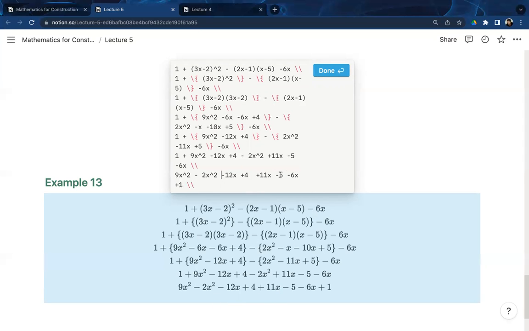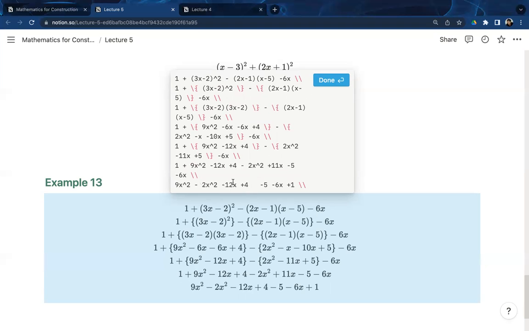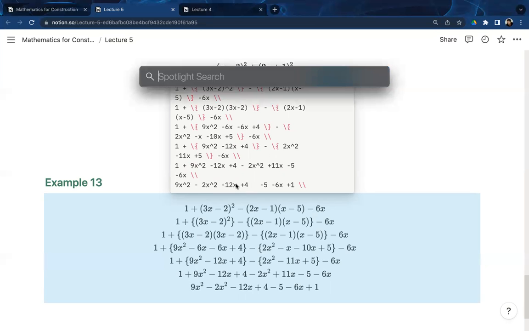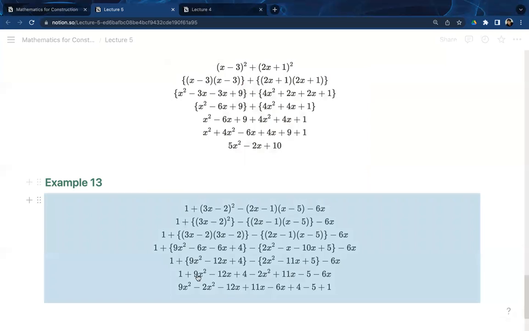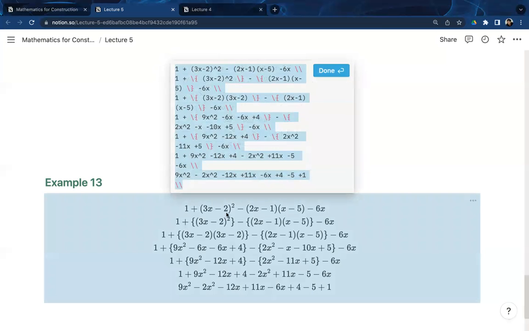The 11x, I could put next to this minus 12x, and the minus 6x, I could put just after the 11x, right? So let me make sure, right? I have 9 and the minus 2, minus 12, 11, minus 6, 4, minus 5, and 1, okay?